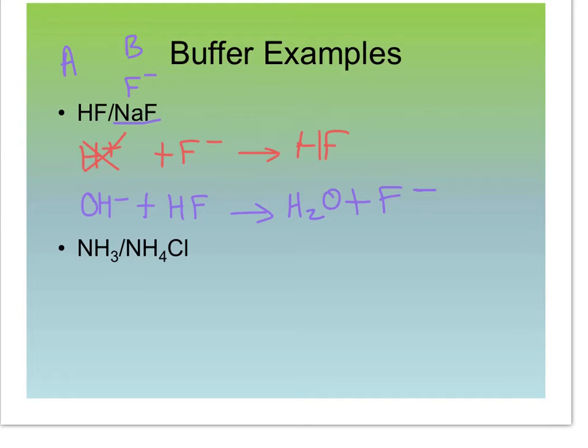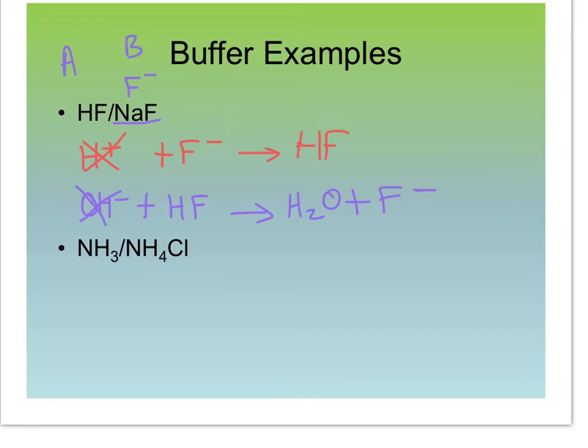Again, if my hydroxide was my limiting reactant, so I add just a little bit of the hydroxide ions, then that's going to get used up, so I don't have any of this anymore. I'd use a little bit of my HF up, but I'd have some left over if it's in excess. What I have left at the end after this reaction happens is some of the HF, some of the F minus, which are both part of my original buffer, and some water, which does not really affect the pH. And so my pH remains about the same.